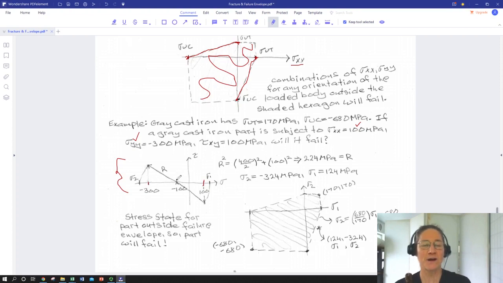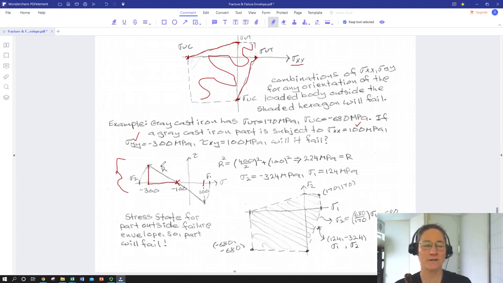So we know that our center is at negative 100, and we can use our actual measured shear stress of 100 megapascals to define our y-axis. And so now we can use 100, 200 as our two legs, and that gives us r of our right triangle.